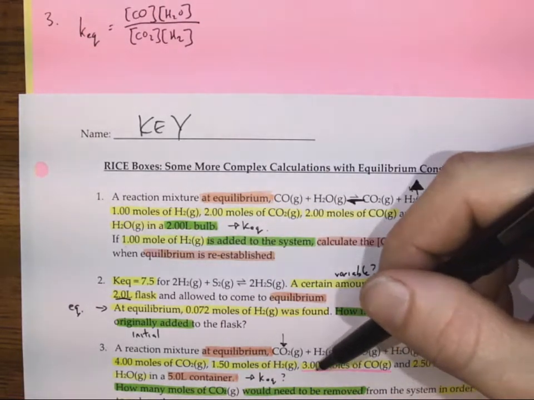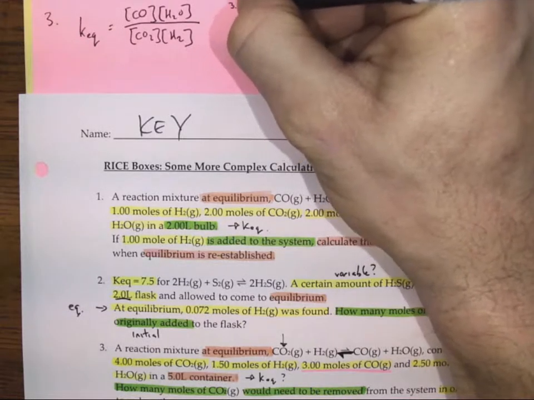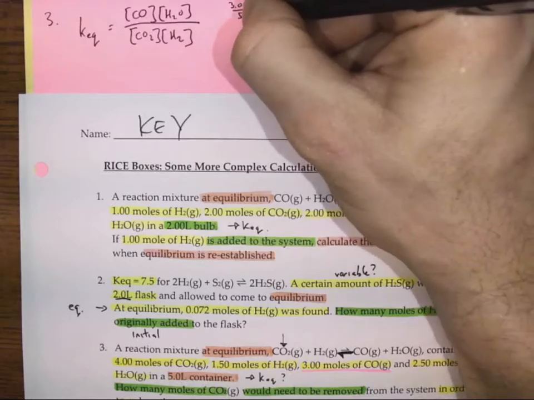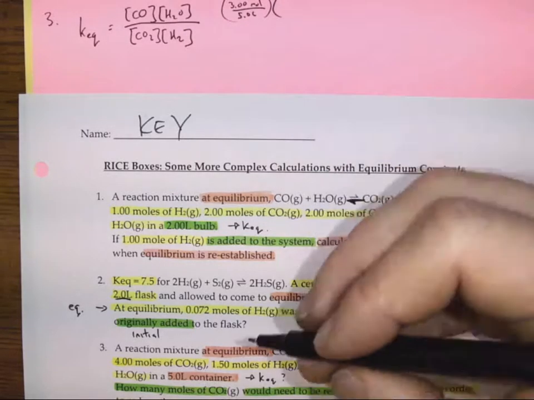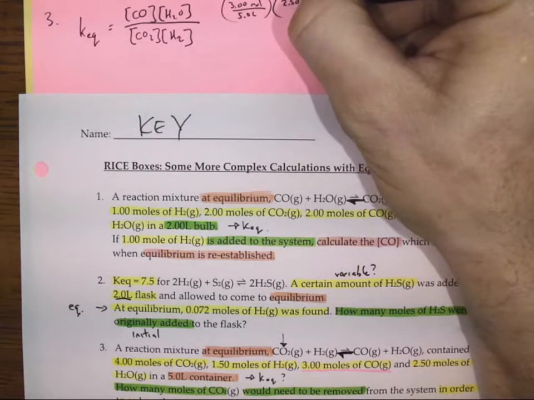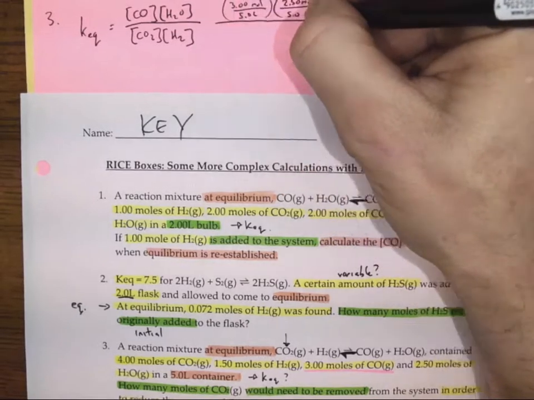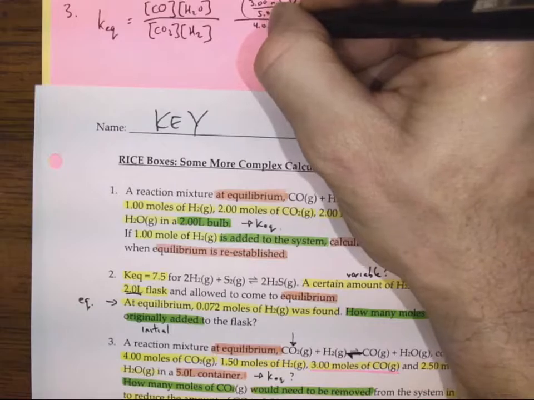That's 3 moles for every 5.0 liters. Water, how much water do we have? We have 2.5 moles for every 5.0 liters. And how much carbon dioxide do we have? We have 4 moles for every 5 liters.